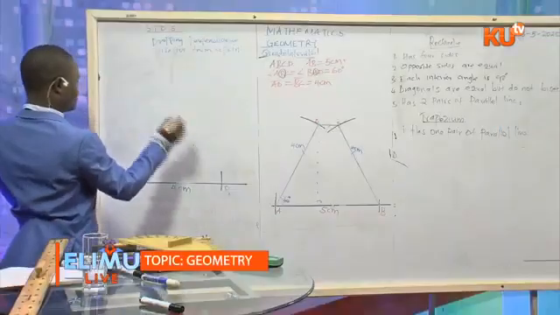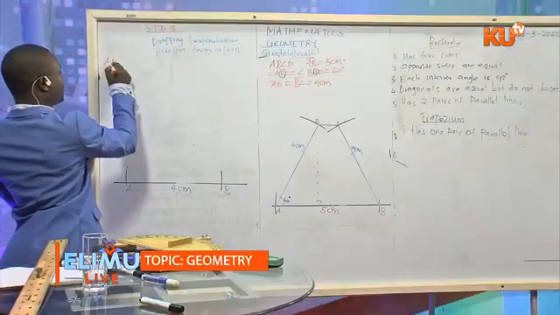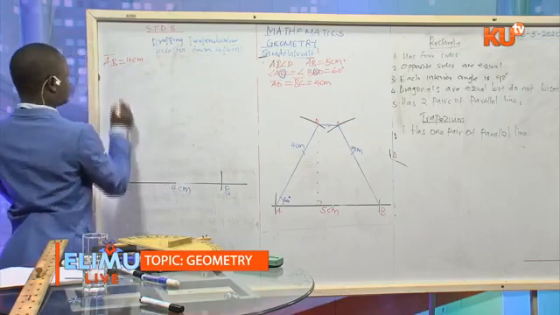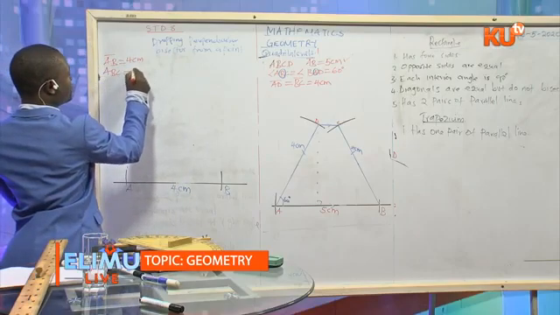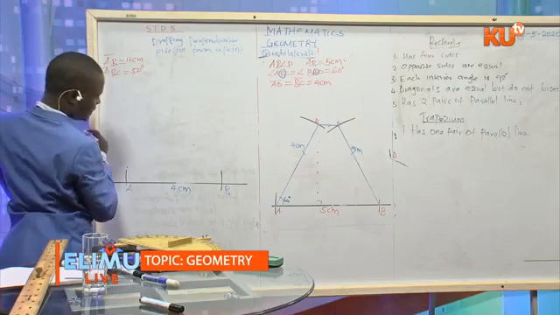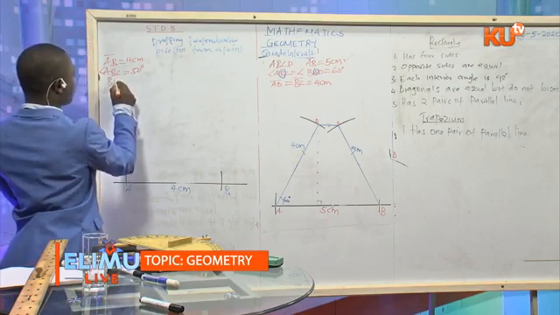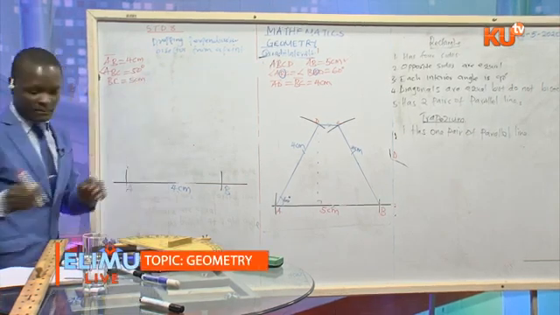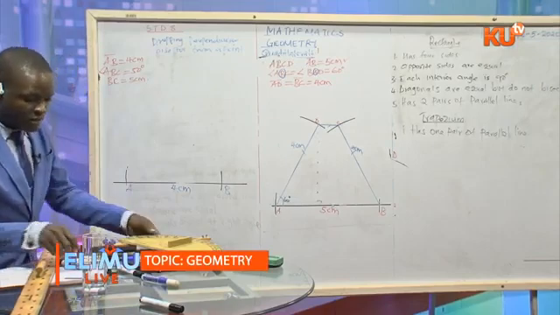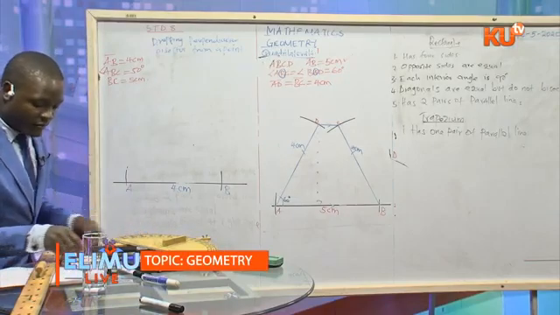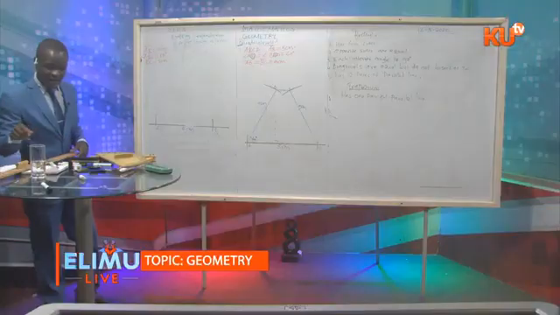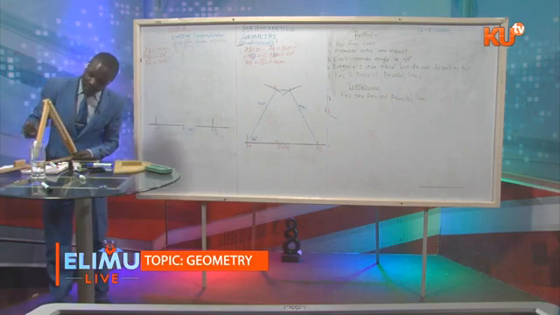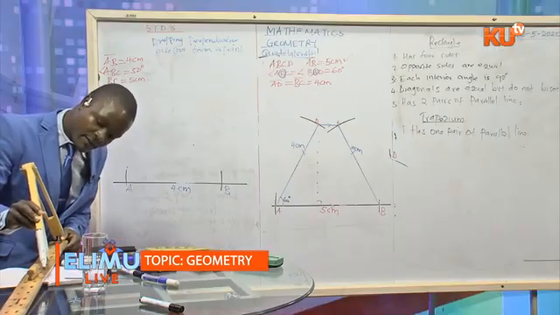Line AB is 4 centimeters, angle ABC is 50 degrees, and line BC is 5 centimeters, so we can use that information. The angle is there already, and line BC is 5 centimeters, so you measure 5 centimeters.